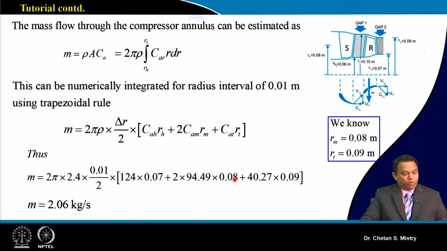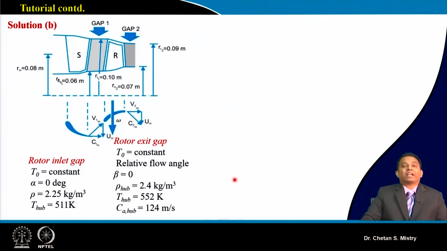Now let's move on to the second configuration. What they are asking for in the second configuration is our total relative pressure at the exit of my rotor. Now you can understand that if I am looking for relative total pressure, different parameters are required.